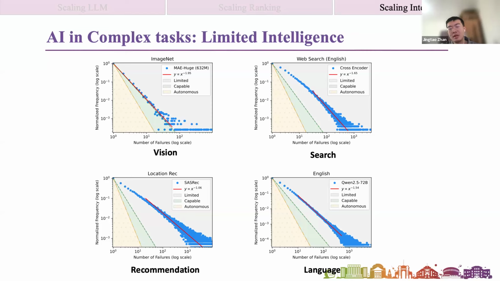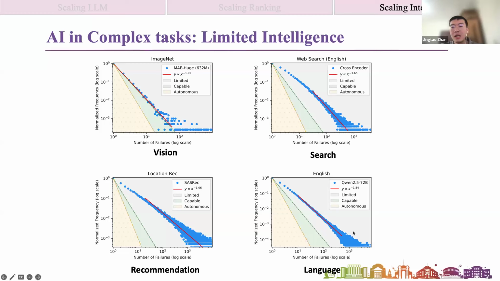For all these tasks, the performance lies within the limited level. And this is recommendation, where we use different kinds of methods and real data sets. They all lie within the limited level.